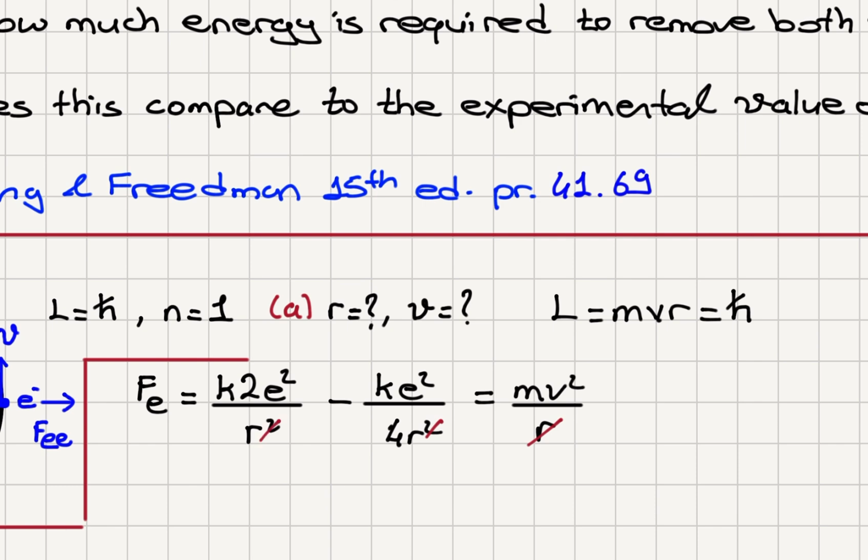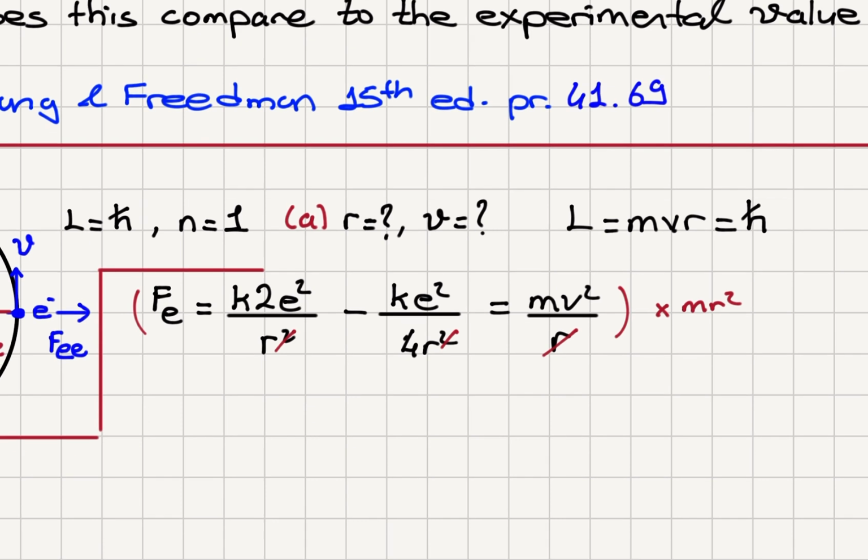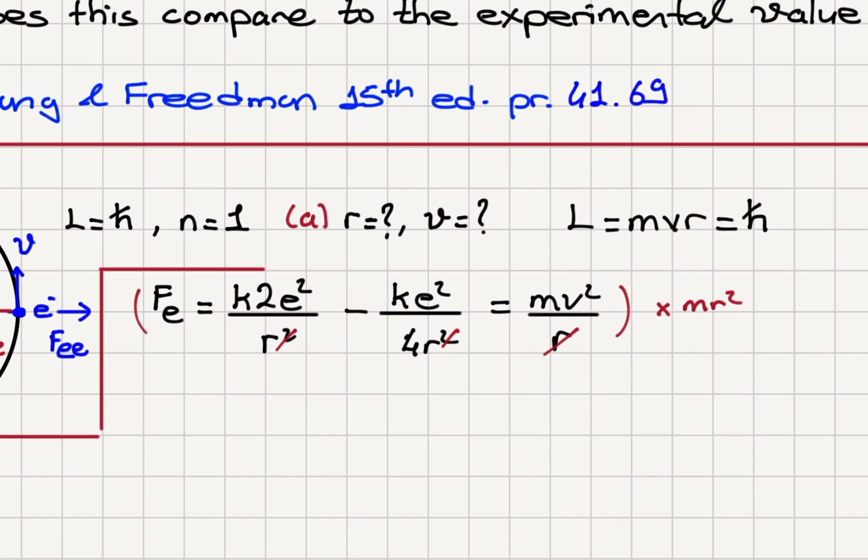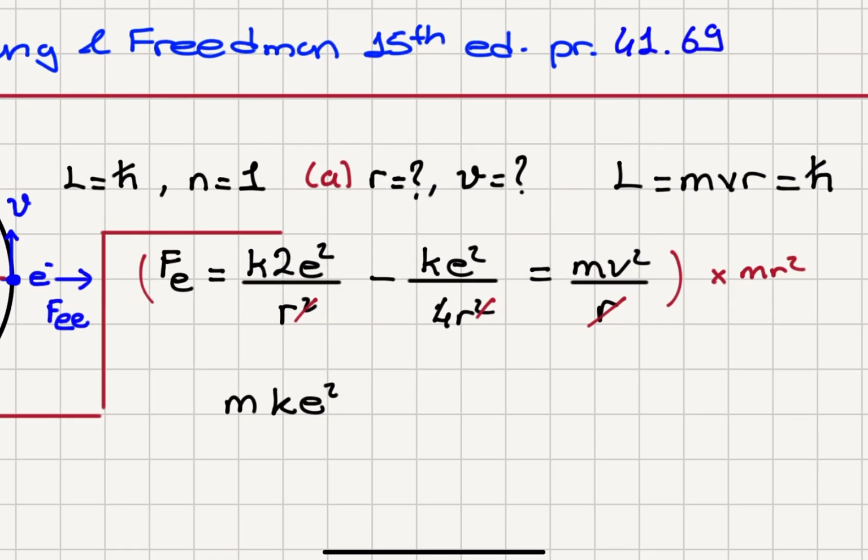And I can take this equation and multiply it by mr squared. So if I do that, I will get mke squared, and here is the first term, 2 over r squared will get rid of this r squared.